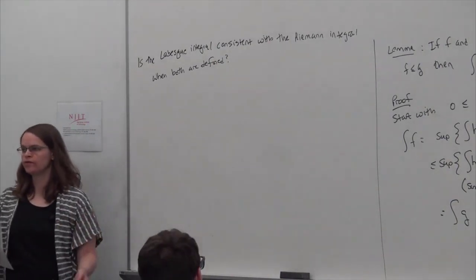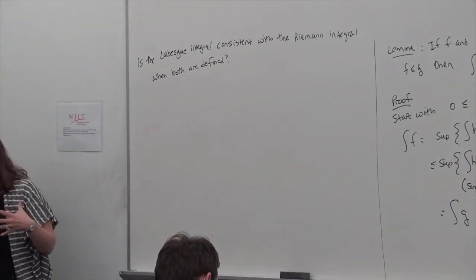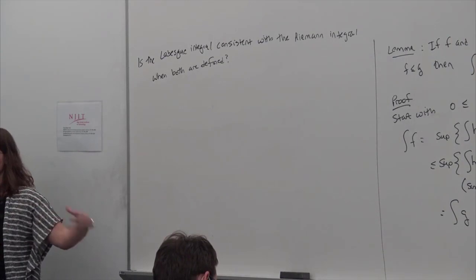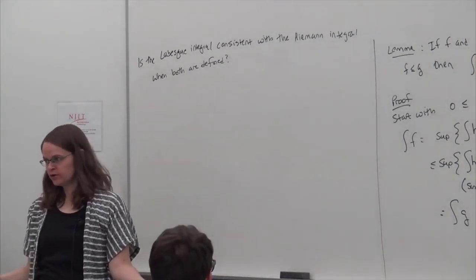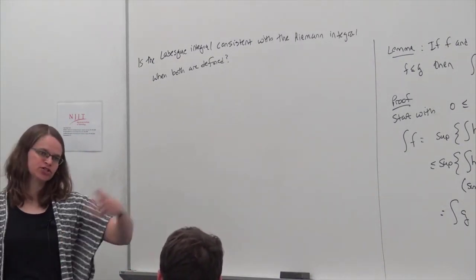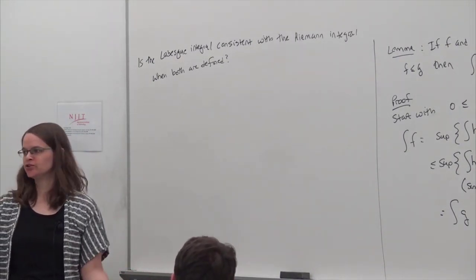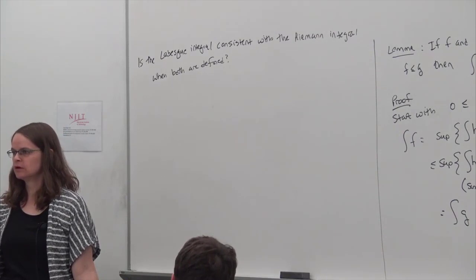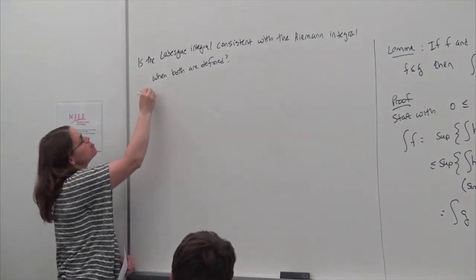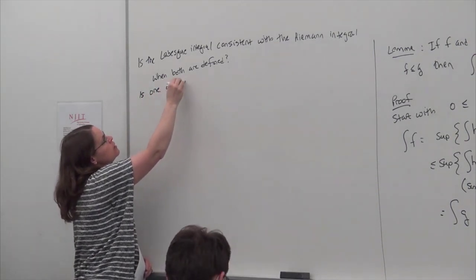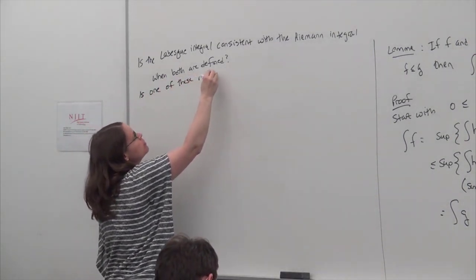And secondly, is one of them more powerful? We've seen there are functions we can integrate now that we couldn't integrate before with the Riemann integral. But it's possible that the other way around holds too. It's possible that there are some functions we could integrate using the Riemann integral that we now somehow can't accommodate. So is one of these definitions more powerful?